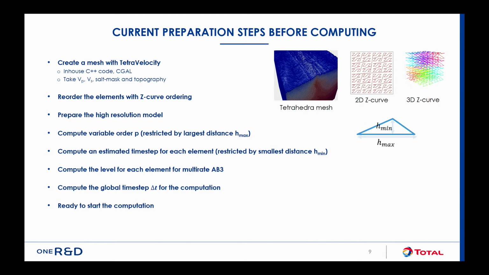So we have an in-house code that produces meshes, and it takes VP, VS, and the salt mask, and also the topography. And then we reorder the elements so that the neighbors are close in memory.